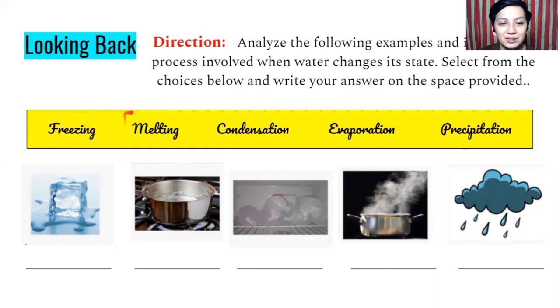Pipili kayo ng freezing, melting, condensation, evaporation, or precipitation. Let's have an example. Let's look at picture number 3. This is an ice, which is the solid form of water. Now, what do you think is the process involved here?